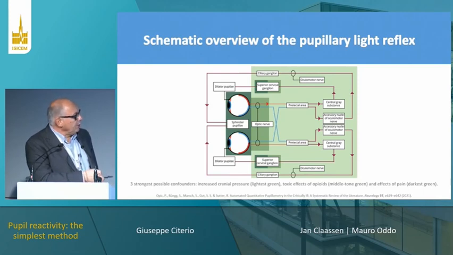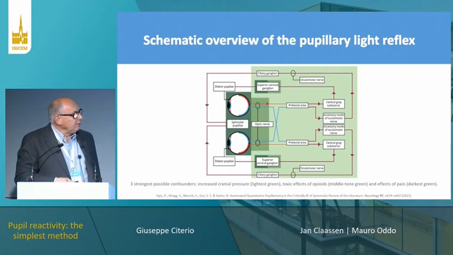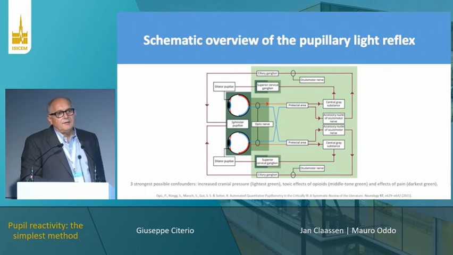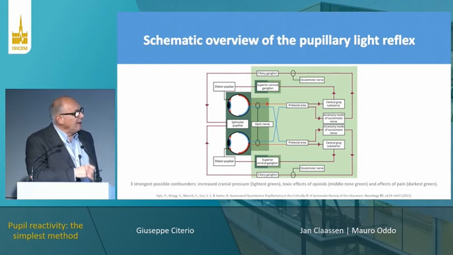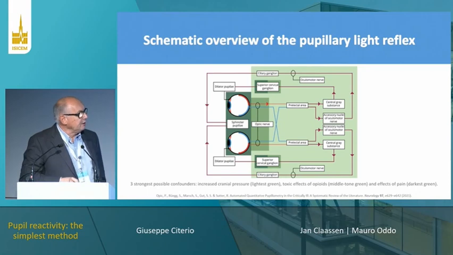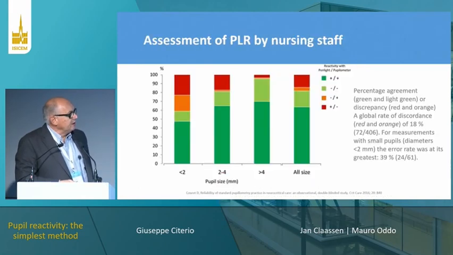And you can also have the effect of pain. So it is a reflex that you can obtain easily at the bedside, but it can be affected by many factors. And we will focus today mainly on outcome and intracranial pressure in relation to this reflex.